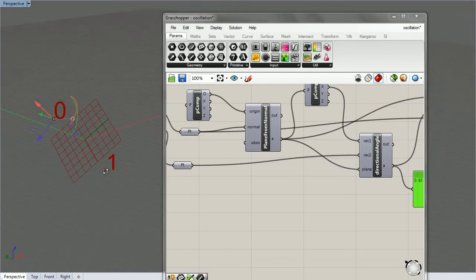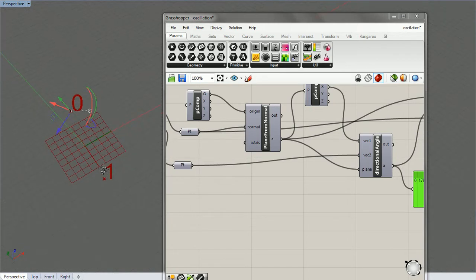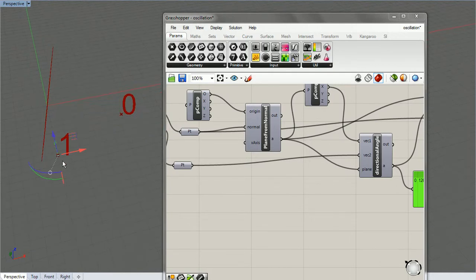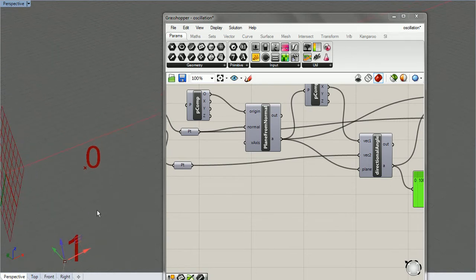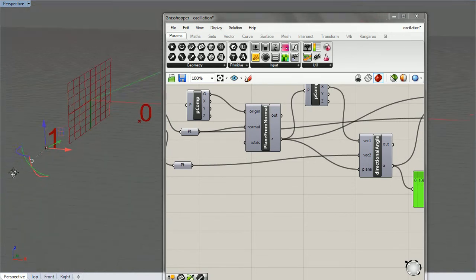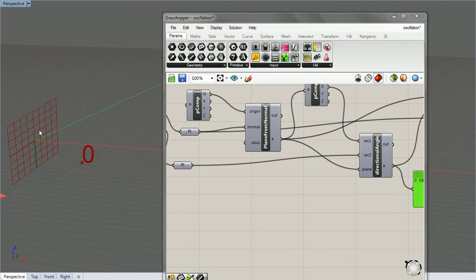Okay, so now we're rotating this around, and instead of having the x-axis be more important, our plane is pointed directly at our normal.